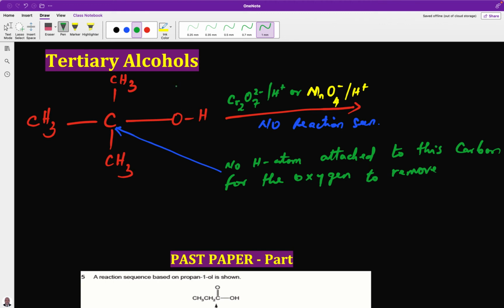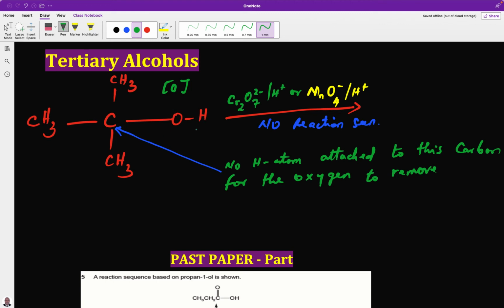Remember I said if we add an oxygen here, oxidation is addition of oxygen. Since there's no hydrogen attached to this carbon atom having the functional group, like in the previous cases, and all are alkyl groups, oxidation will not occur.